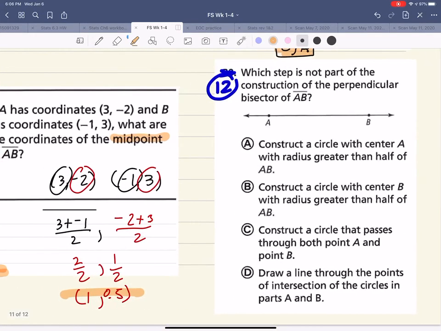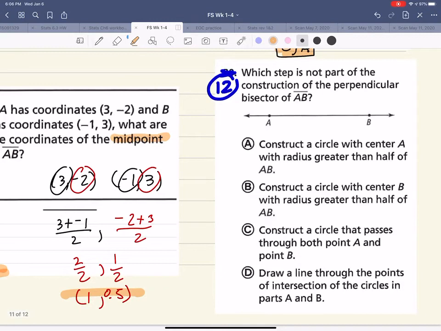Okay, number 12. Which is not a step as far as constructing a perpendicular bisector. So if you Google perpendicular bisector, step 1 is make an arc, but make sure the arc is more than halfway there, greater than halfway. And what is an arc?